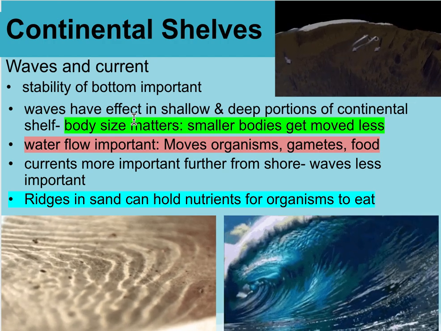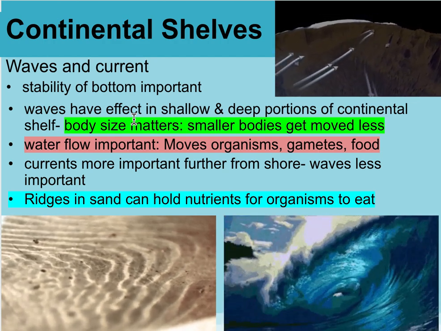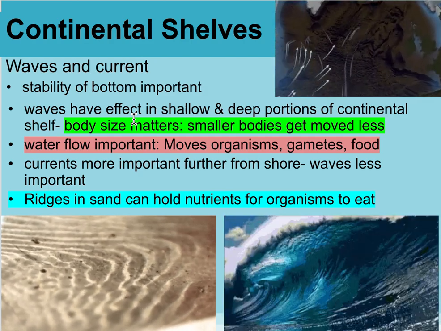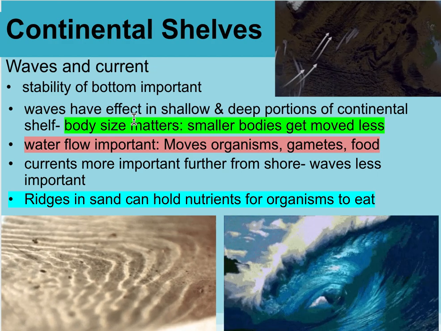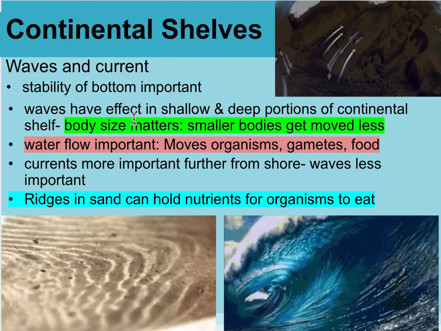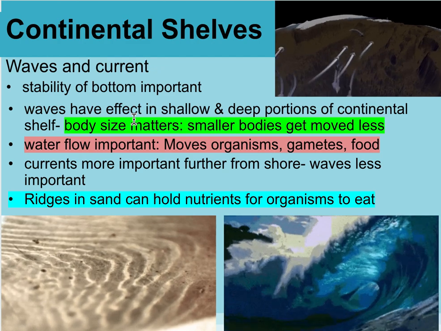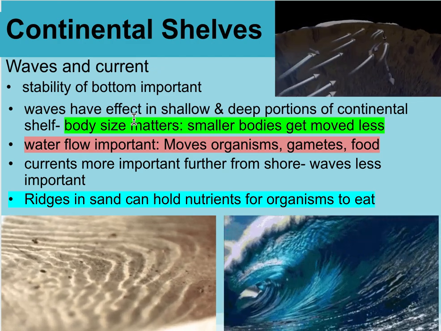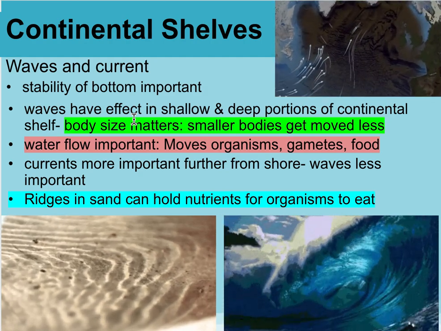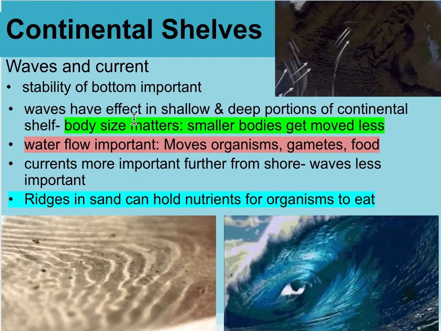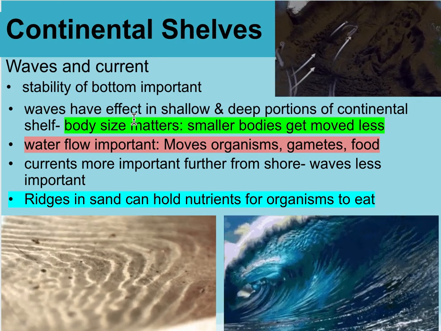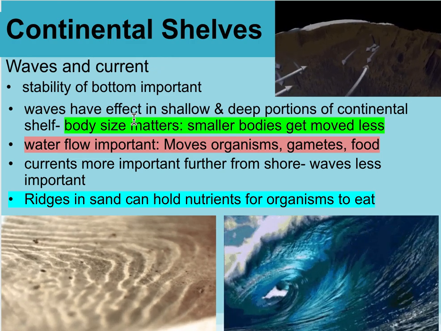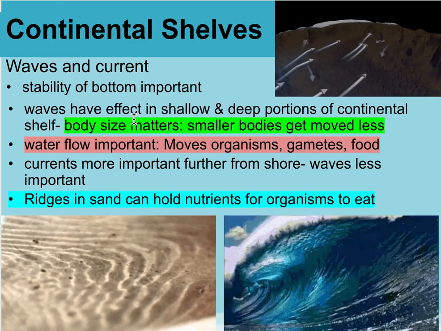How much the waves and the currents in the area are acting will cause a large variety in the number of organisms that live there. If you have a space that does not have that much wave action, it's a lot more calm, you're going to have a lot more organisms that live there. But if you have really active wave action and really strong currents in that space, then down below you tend to not have a lot of life, just because of how volatile the water system there is.